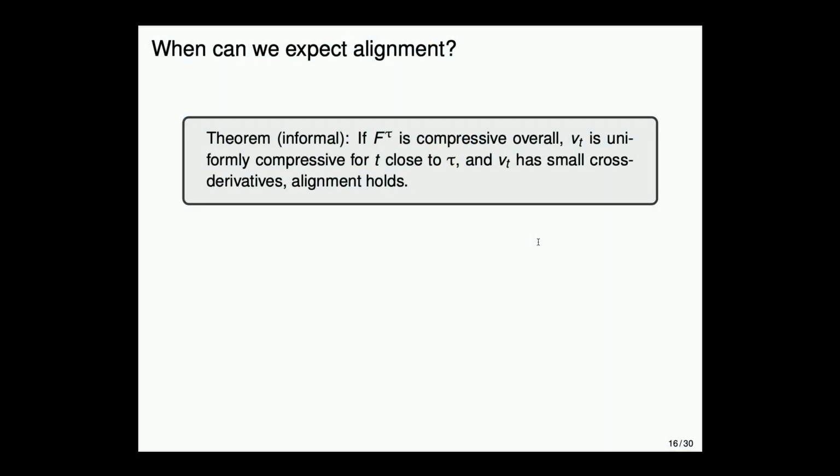We think that it can happen for a wide class of generative models. Unfortunately, I can only get a sufficient condition. One intuitive understanding we can get from it is that the dynamics of the generative model is such that towards the end, as t goes to tau, you have a huge compressive force towards the target samples, which is towards the data manifold.